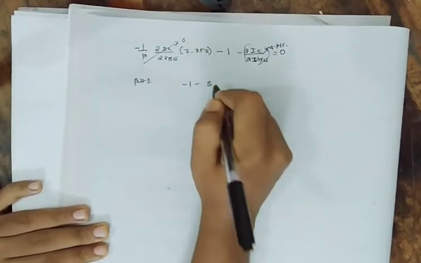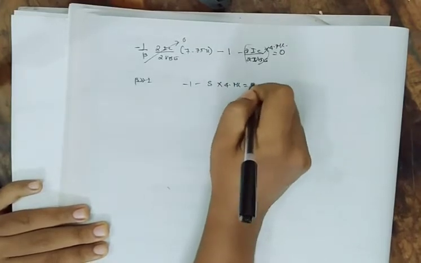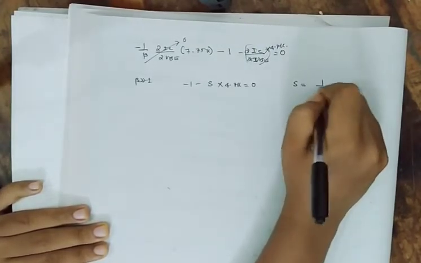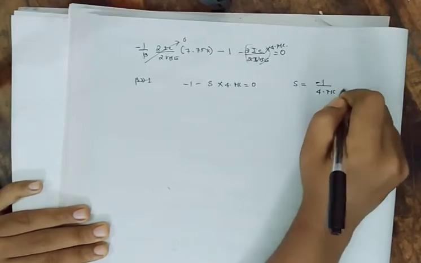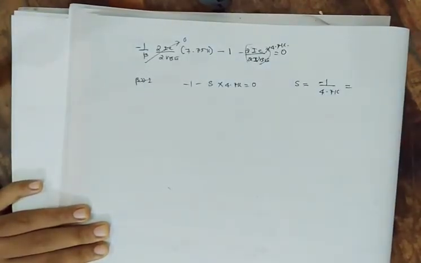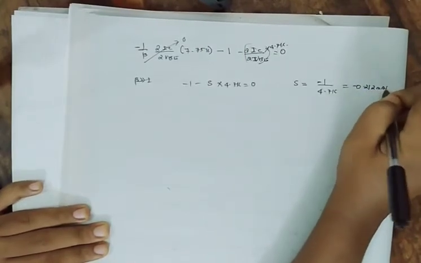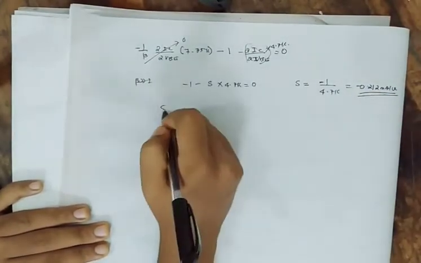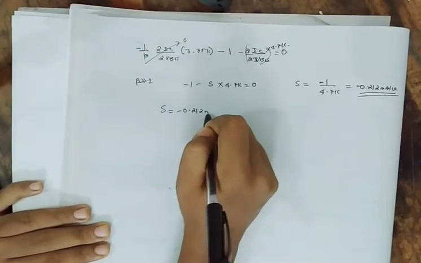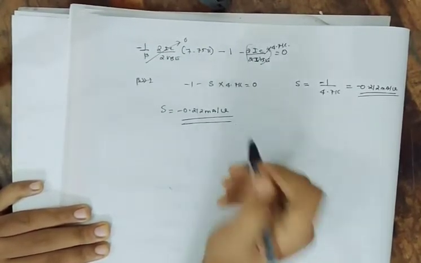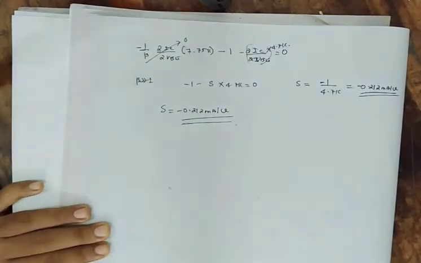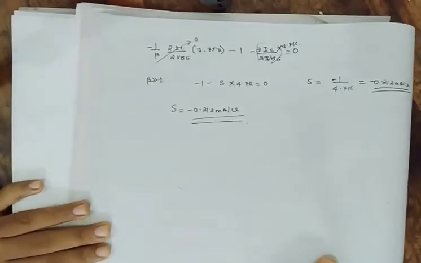So minus 1 minus S into 4.7K equal to 0, and S equal to 1 divided by 4.7K, which is equal to minus 0.212 milliampere per volt. So the answer is minus 0.212 milliampere per volt. Okay, because the value is delta IC divided by delta VBE, that is why it is in milliampere per volt. Okay, and now let's do the next question.